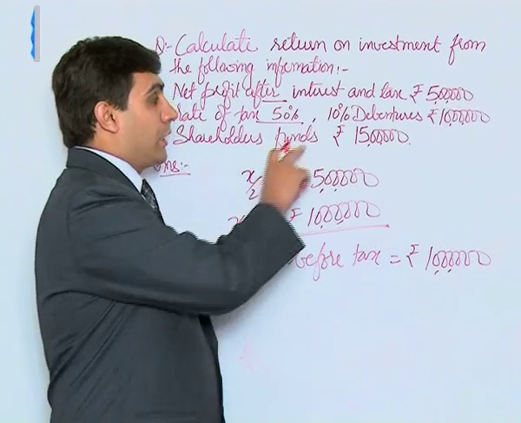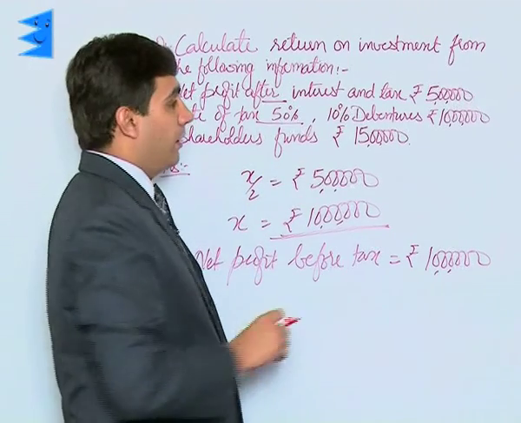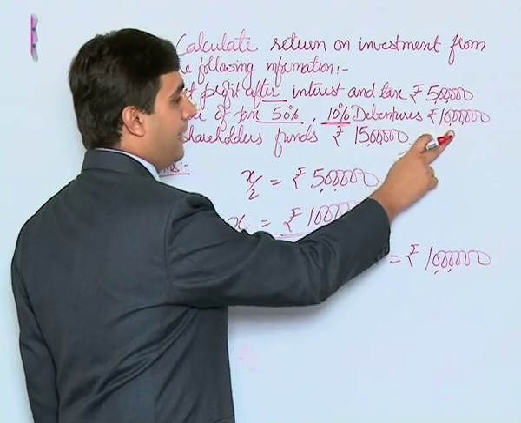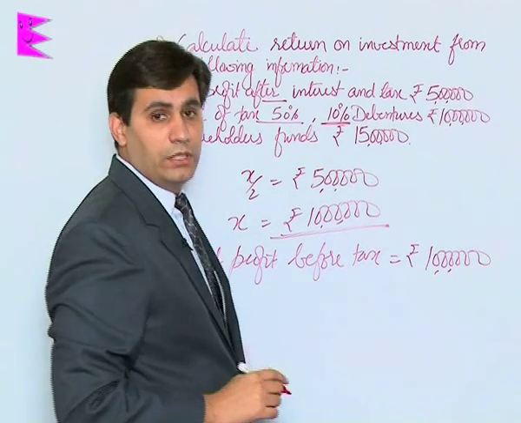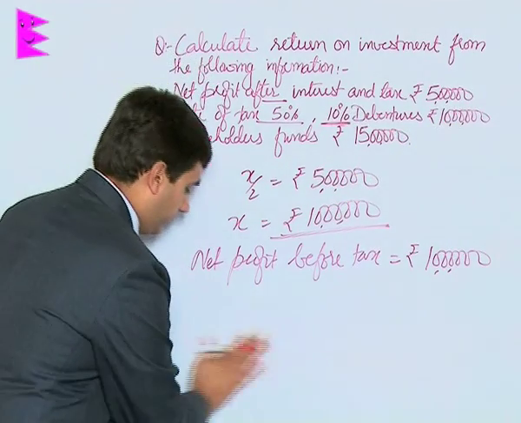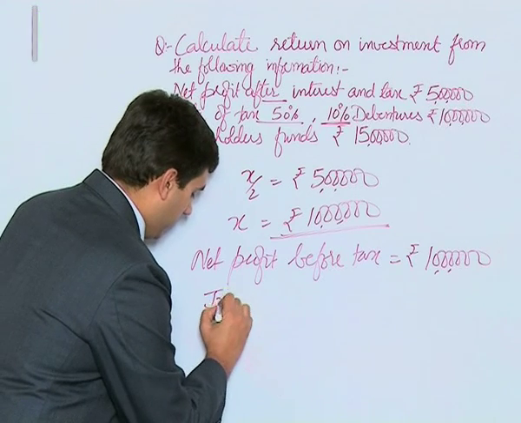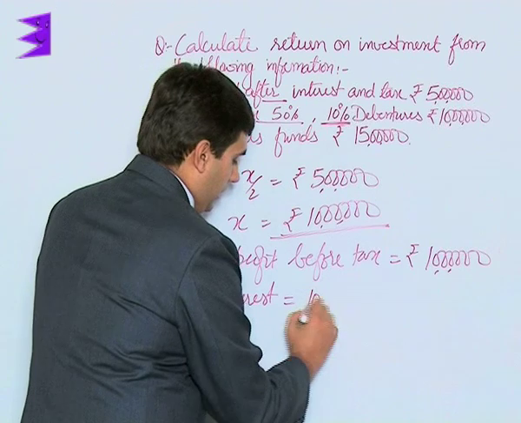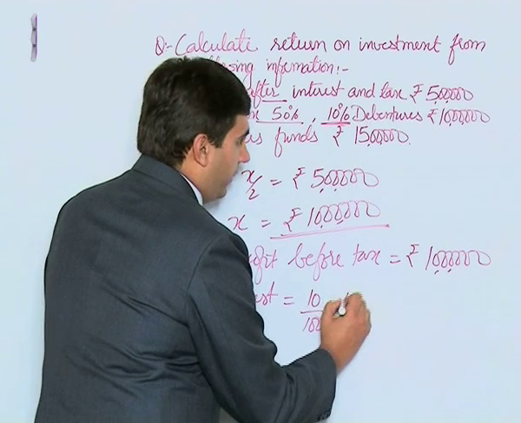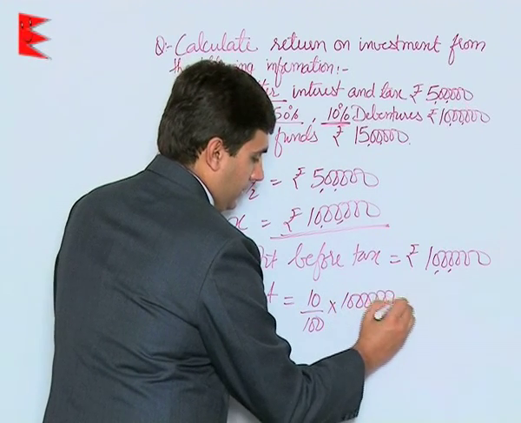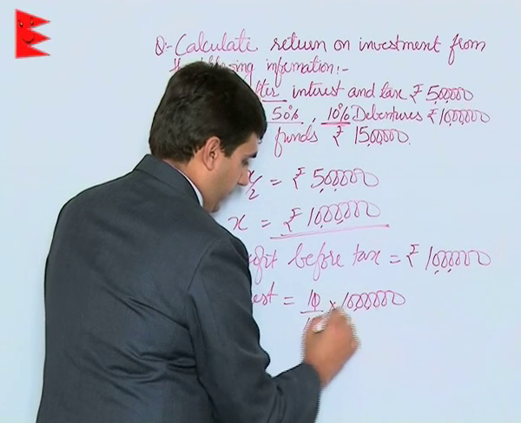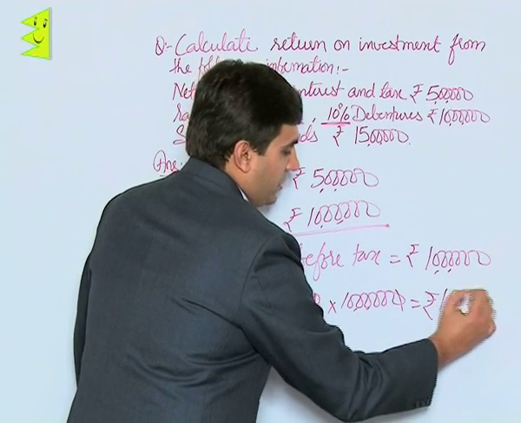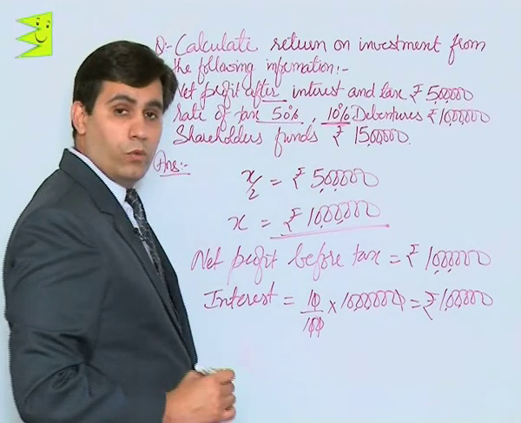Now, coming to the interest part, it is clearly mentioned here that debentures of rupees 10 lakh carry an interest of 10%. So students, interest is equal to 10% of 10 lakh, which is equal to rupees 1 lakh.